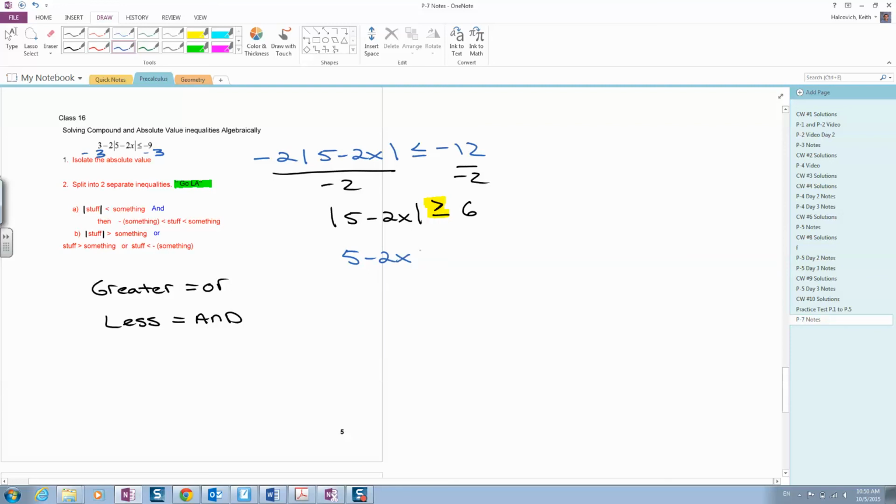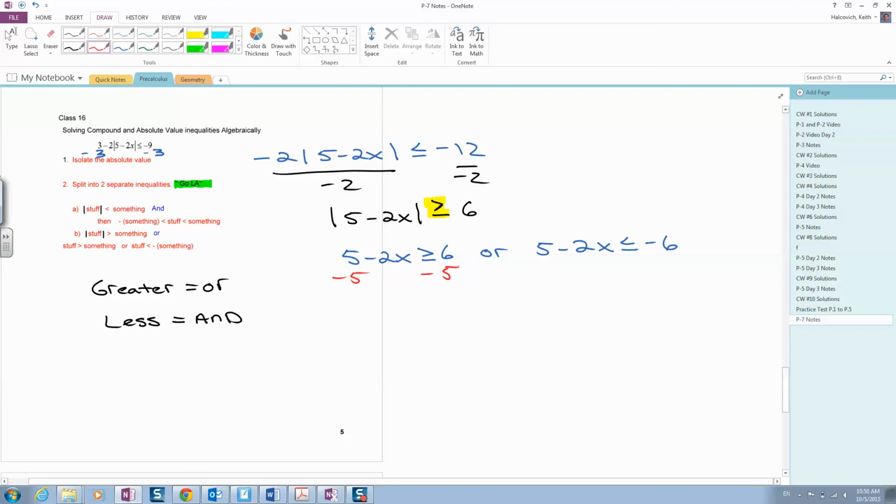So we're going to split it up into 2 inequalities, and it's an or statement. So basically it's going to be the absolute value greater than or equal to 6, or the absolute value, and then you flip the sign, less than or equal to negative 6. So then we solve these two.